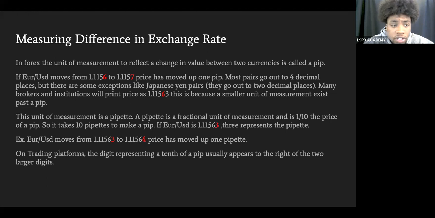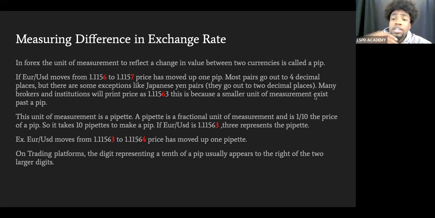Most pairs go out 4 decimal places, but there are some exceptions like Japanese yen pairs. They go out 2 places, and US oil goes out 2 places, and a few other things go out 2 places. Many brokers and institutions will print price as 1.11563, and this is because a smaller unit of measurement exists past the pip, right?